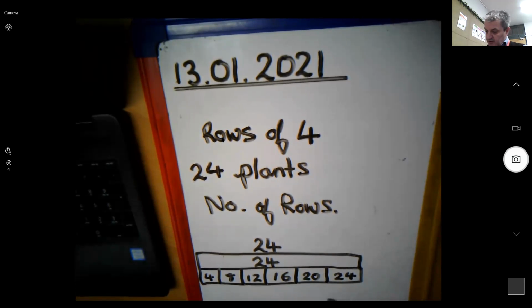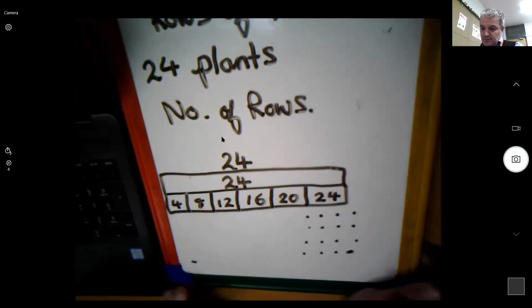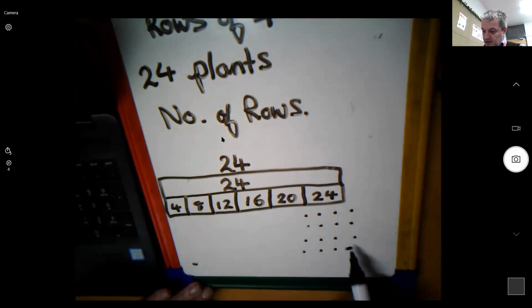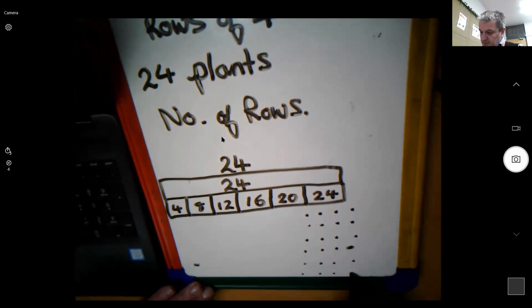Okay, so we could do an array. So we've got 4 in a row, with dots. So 4, 8, 12, 16, 20, 24.